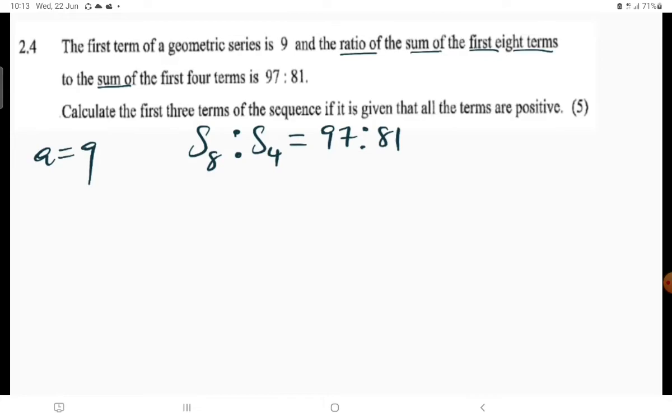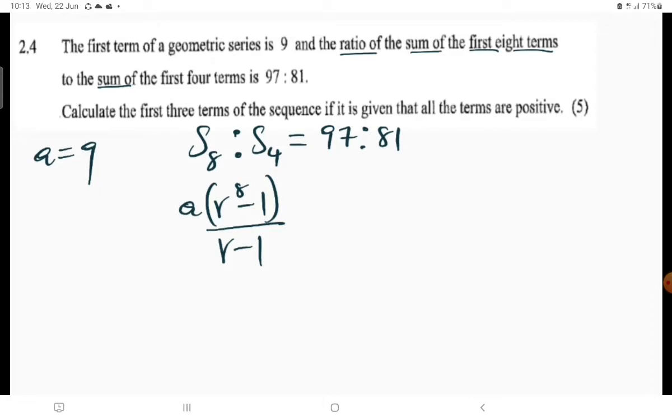Now, we know that the sum of 8 terms can be represented by a times r to the power of n, which is 8, minus 1, which is the formula, divided by r minus 1.